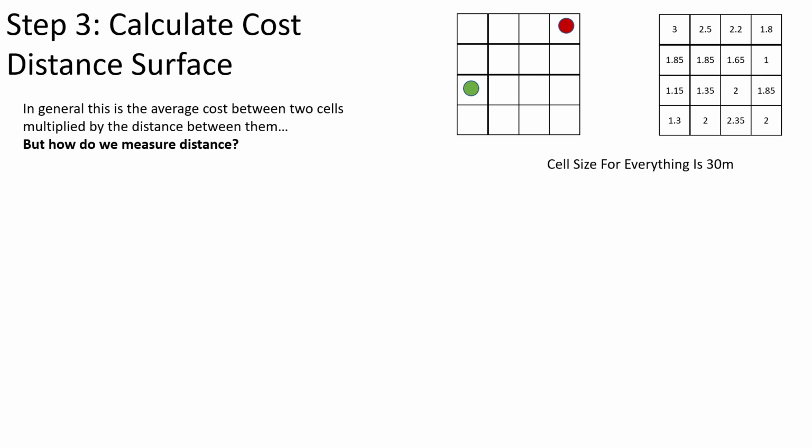What we're going to be doing is multiplying the average costs of two neighboring cells. So this cell and this cell, for example, we're going to be multiplying the average cost from our cost surface by the distance between these two cells.